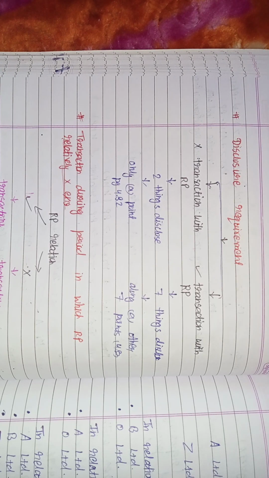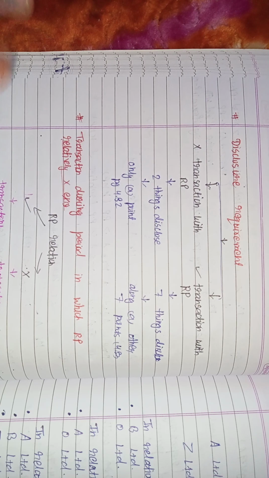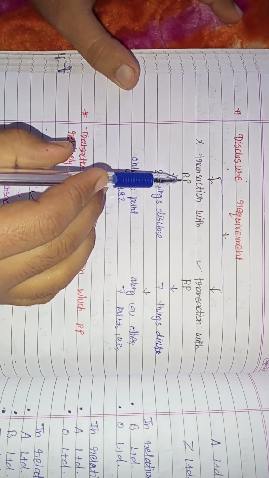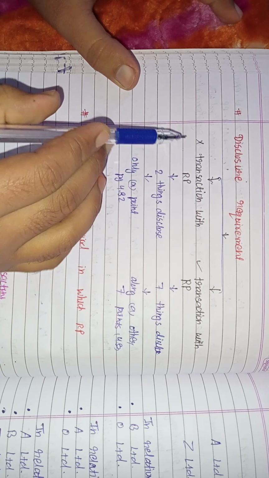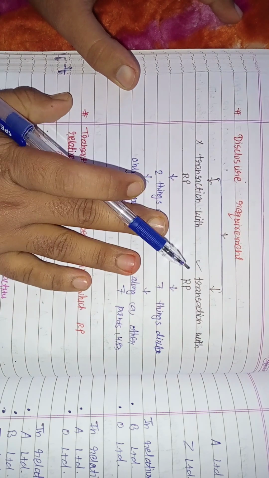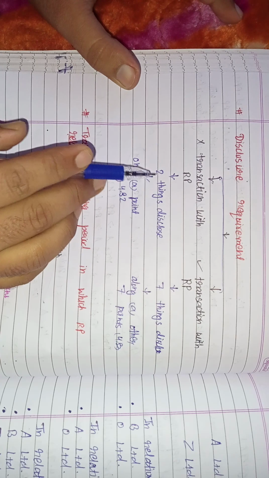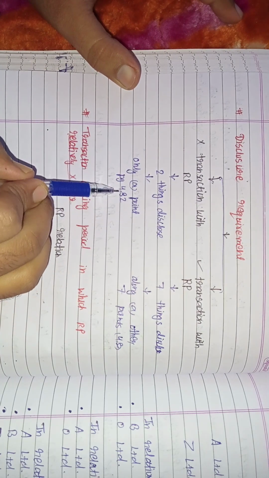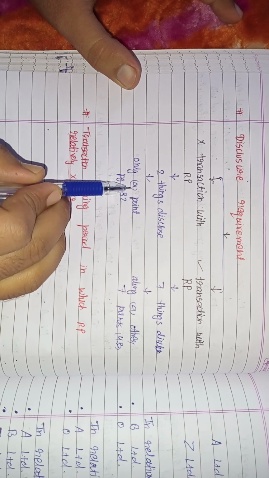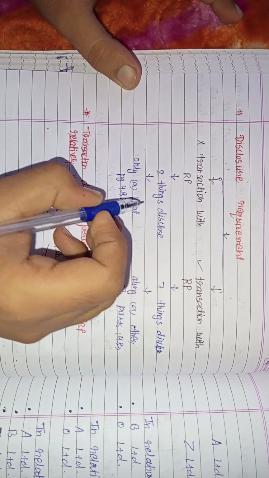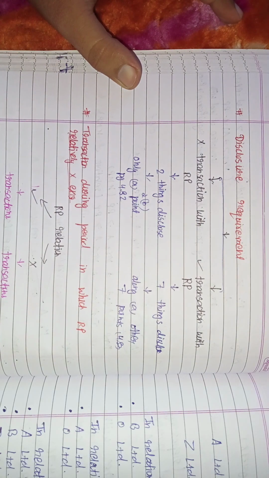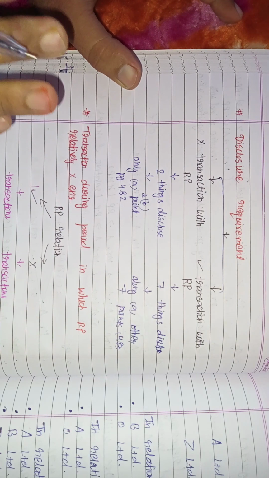Now we will see the disclosure requirement under this AS. If there is no transaction with related parties, we need to disclose only two things. On page 4.82 of your study mat, only points A and B need to be disclosed. There is a related party but there is no transaction with the related party.